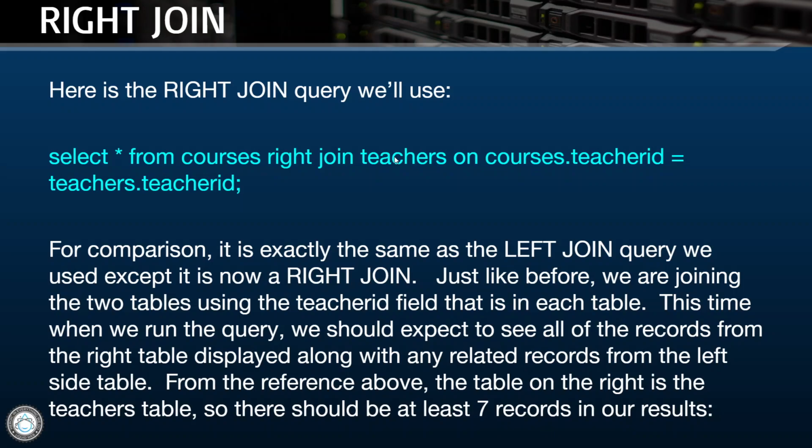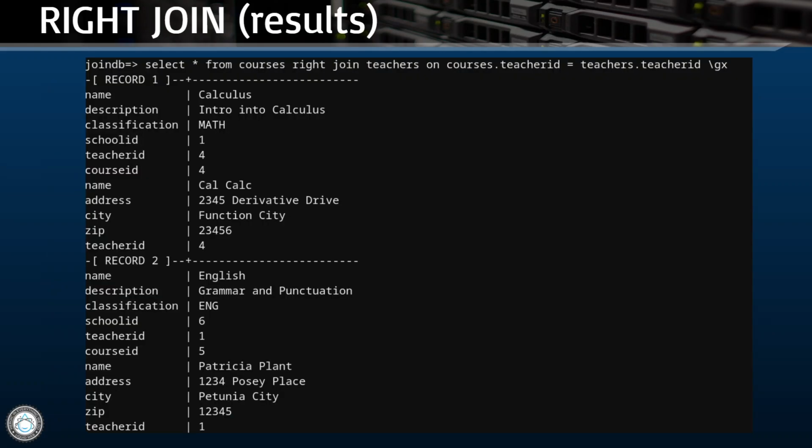This time we're going to see all the records from the table on the right, or the teachers table. And then we'll see any records from the table on the left if there is a relationship between the 2. So let's run our right join query now.